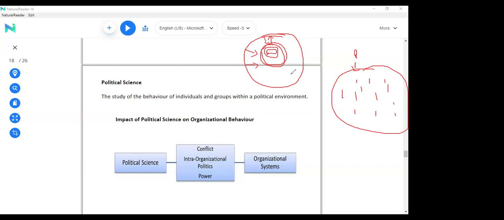I think you now have enough idea about political science. But I think on the first day I explained that political science is far different from politics. You have to keep it in your mind, my dear students.